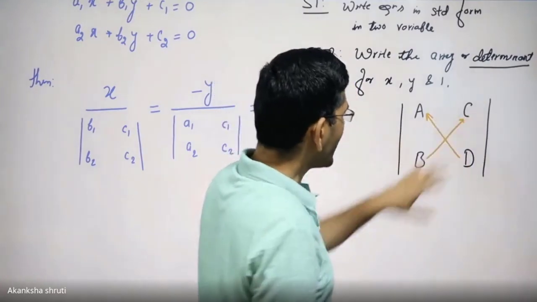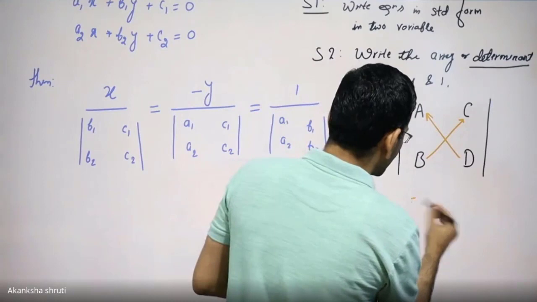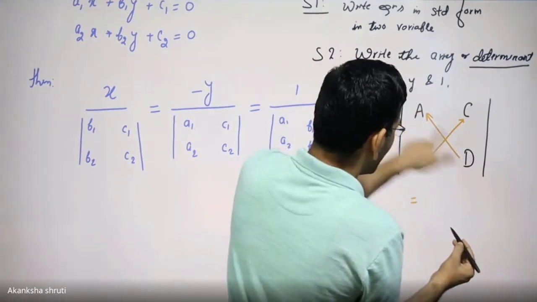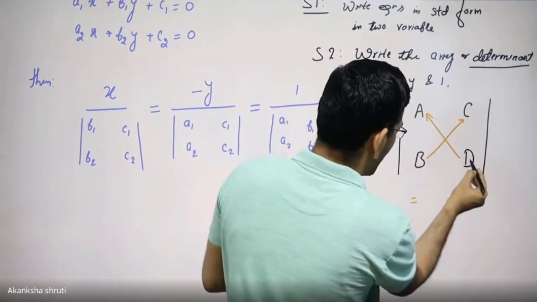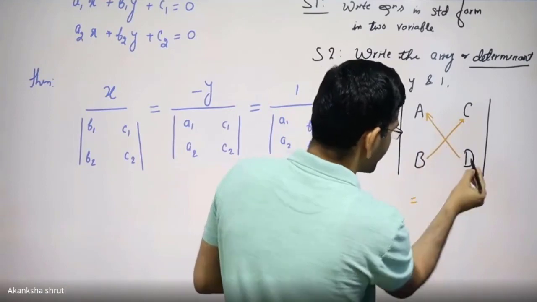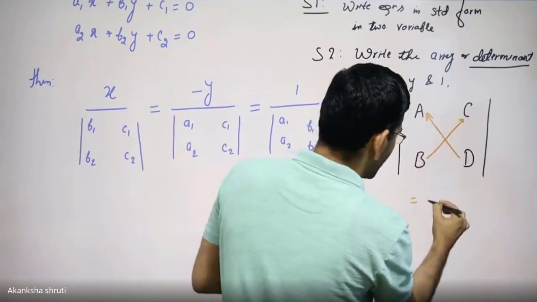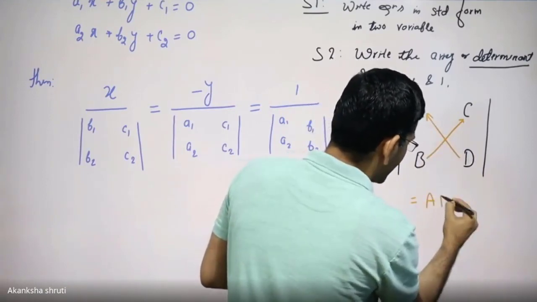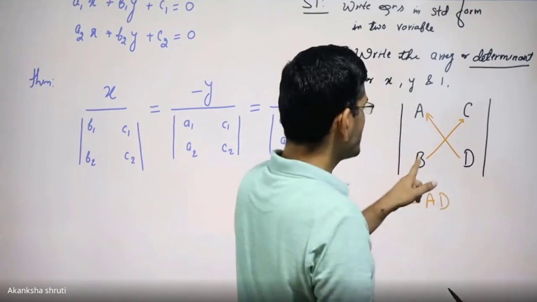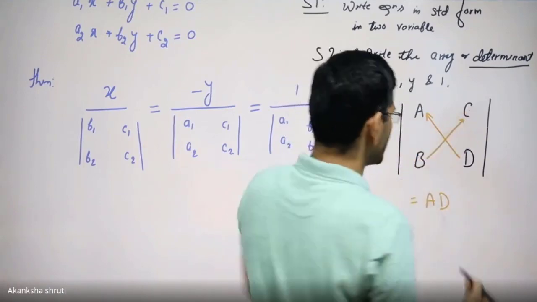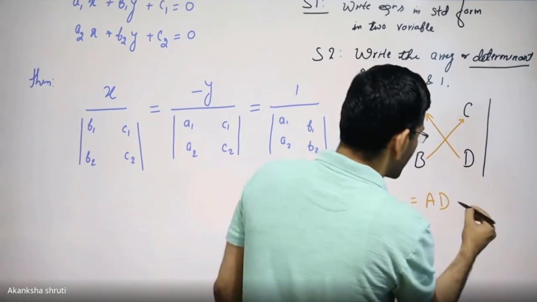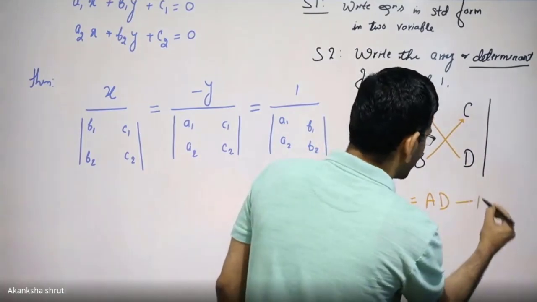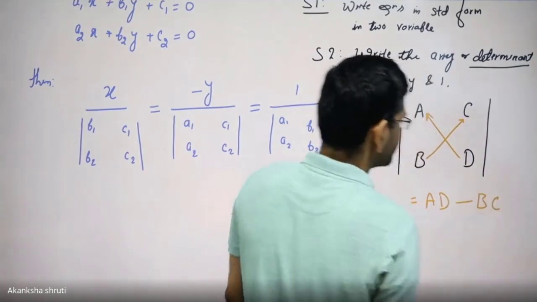Means this array has the value A with D. Keep in mind, put it leftward. So D will combine with this A, so AD will be written first. Now B will multiply with this C, but it goes with the negative sign. So BC, it is this one.